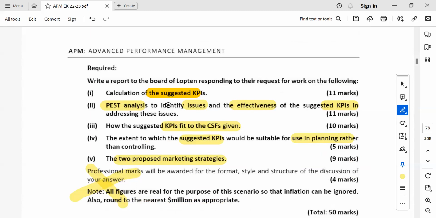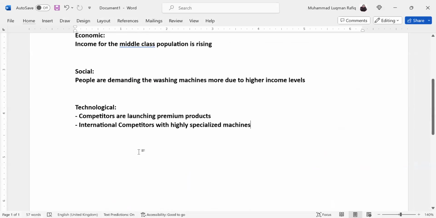Now just remember one thing. The KPIs help in a manner that the performance is quantified.